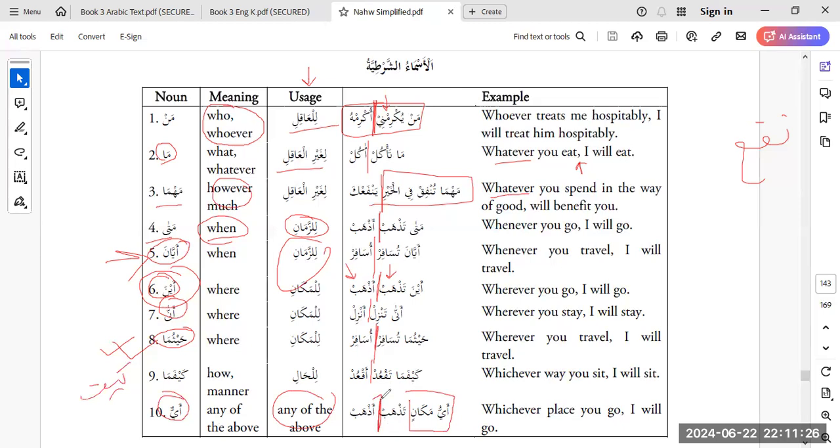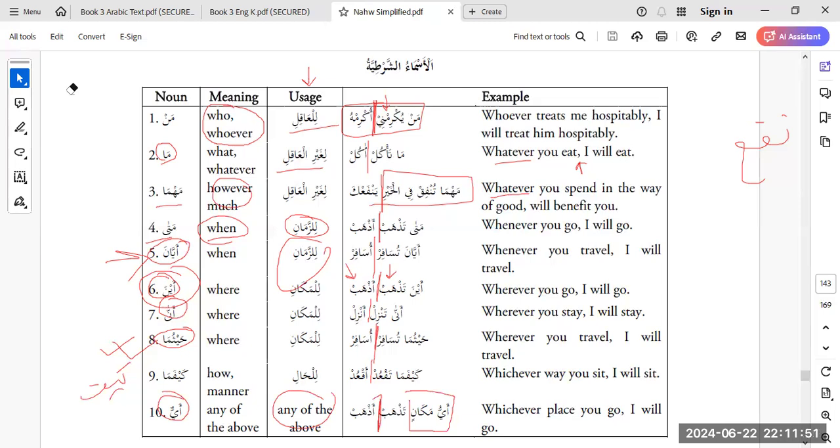In this you have the nouns of condition. The particles of condition we're going to study later on, and there is also in, which is not in this table, but we will find the difference between in and all these later on. Just remember that all of these in the table right now are asma'u ashartiya, the nouns of condition.